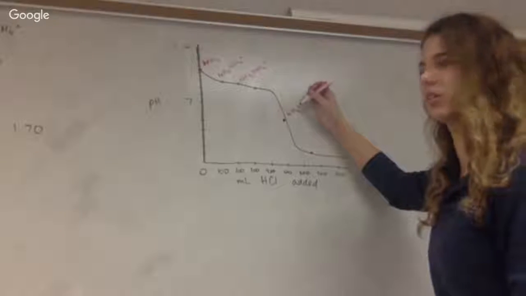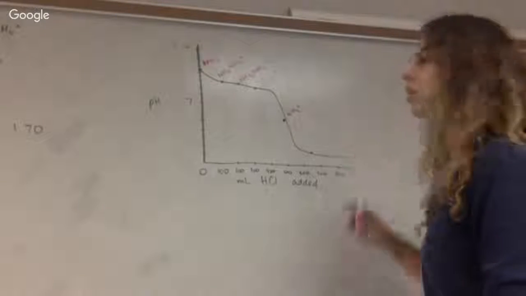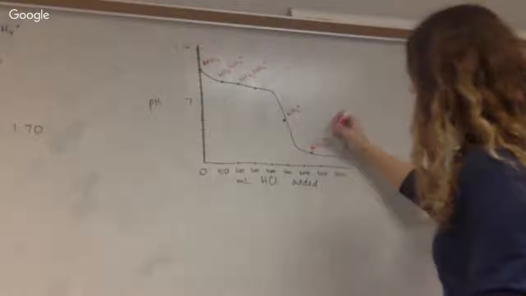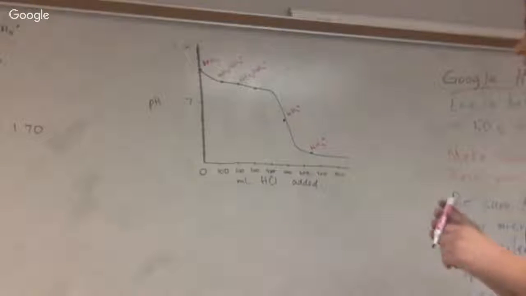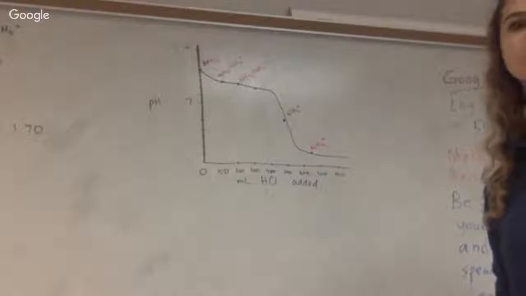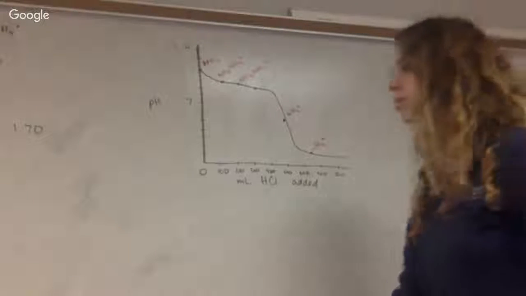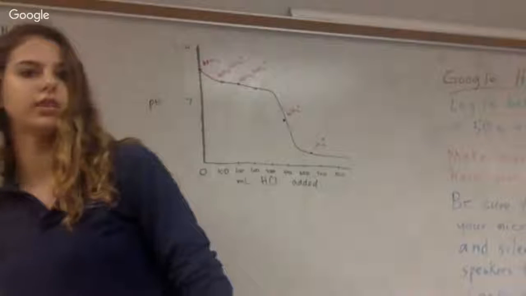Yeah, only NH4 plus. You're also going to have H plus as well. H plus is going to dominate that. No, you're right. NH4 plus is there. You're also going to have H plus.